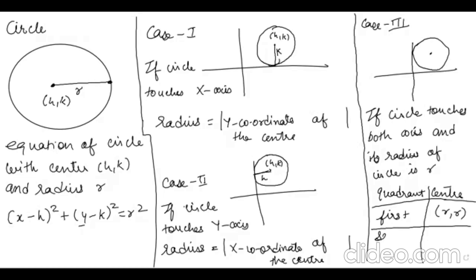But if the circle is in the second quadrant, then the center will be (minus r, r), under the condition that the circle should touch both the axes. If it is in the third quadrant, then my center will be (minus r, minus r).